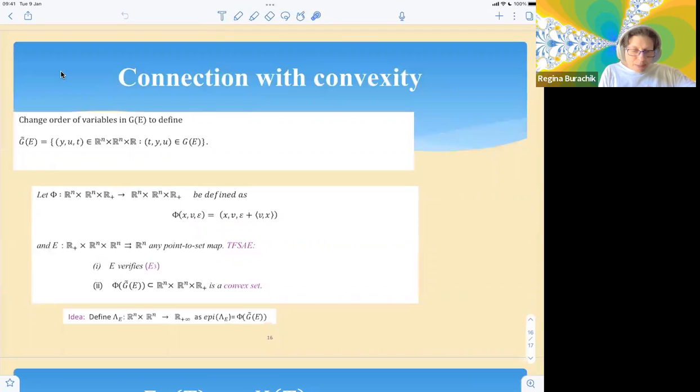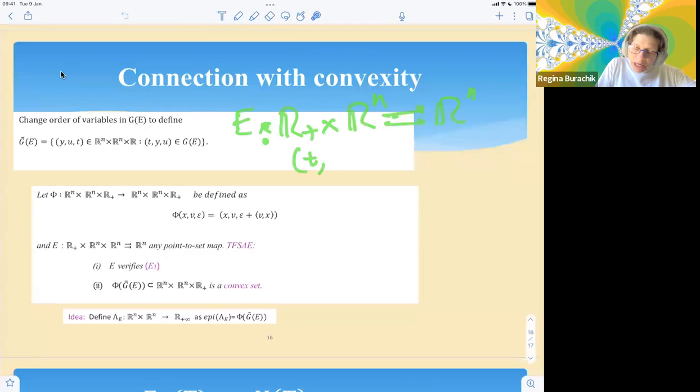So how is this magic going to happen? We need to start with something which inherently defines our enlargement, which is the graph of E, the graph of the enlargement. And we make a change. Remember that E goes from R plus times Rn to Rn.